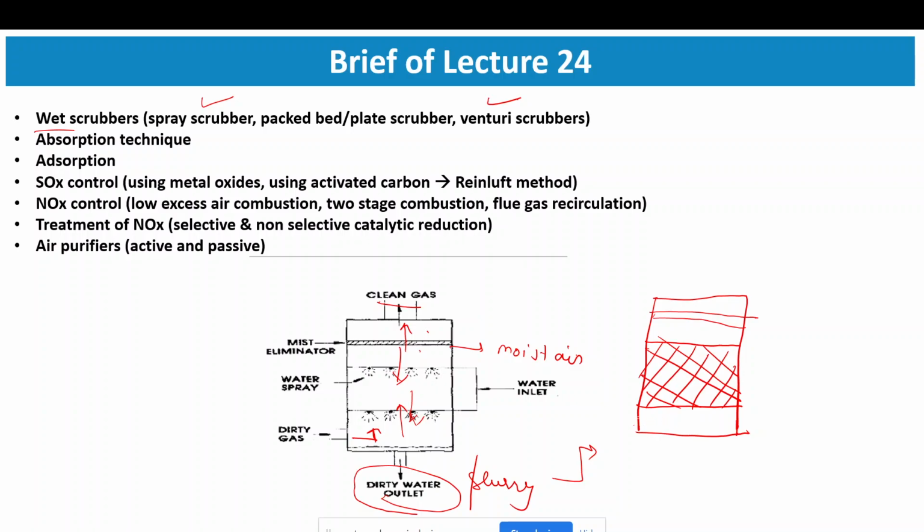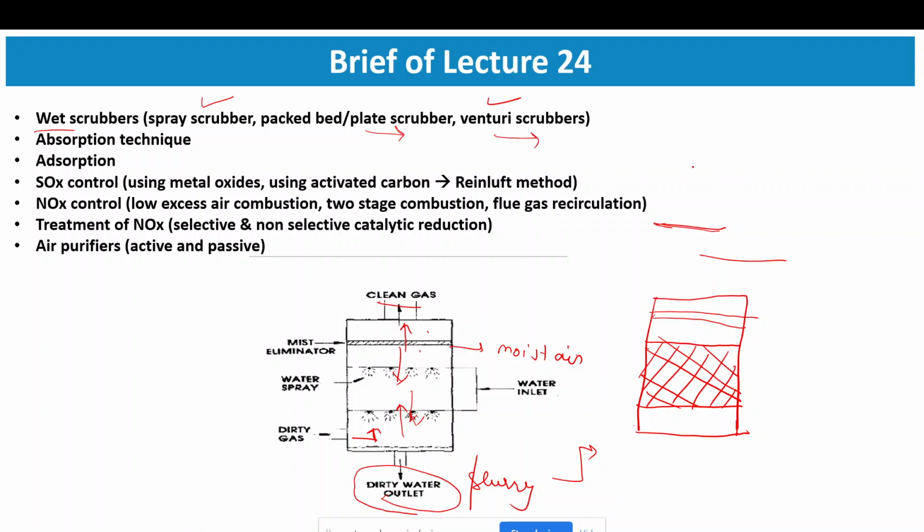Better contact you can provide by packing some material inside. Also, you can provide hindrance to the motion and provide more contact by using plates, so that air has retarded motion. That is how you will have better contact between water and your air, so the particles will get collected and flow downwards.